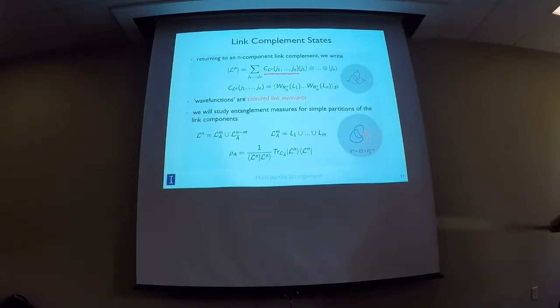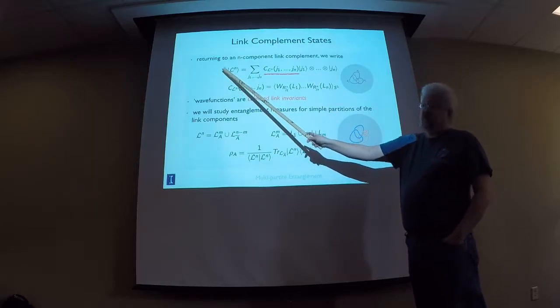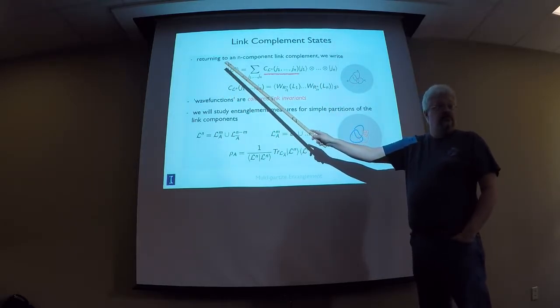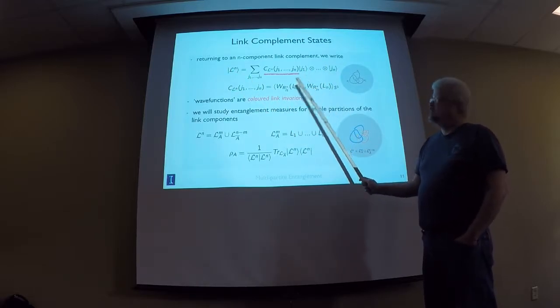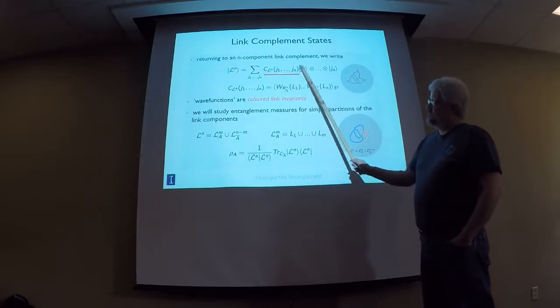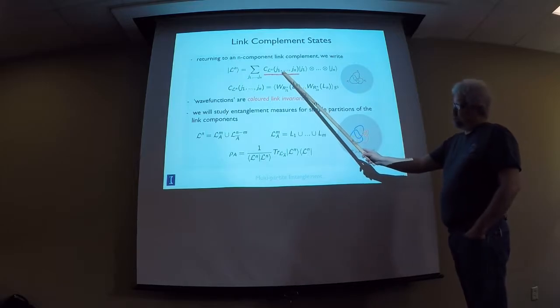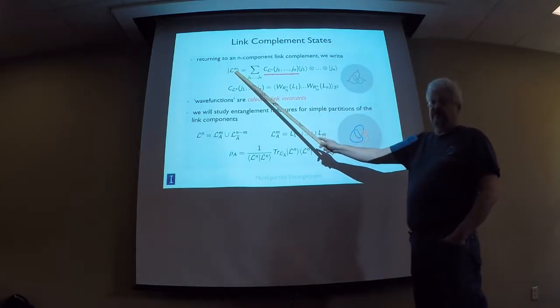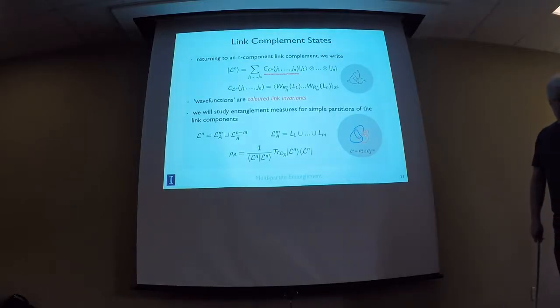Okay. Why is that? Well, if I was to take this formula and contract it with J1, J2, Jn, because these guys are orthonormal, it just isolates one of these terms. Okay, so this wave function is the overlap of the link state with the corresponding basis element.